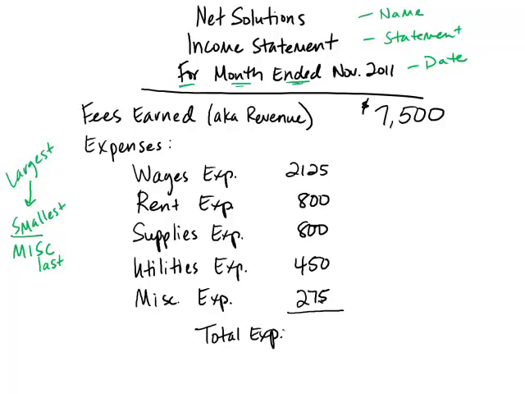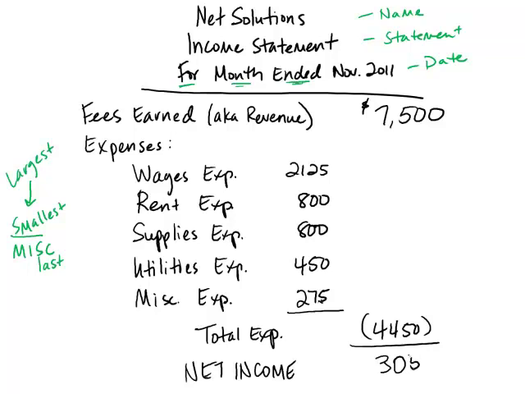Anybody got a total yet? 4450. Okay, what does that make net income? No, 3050.